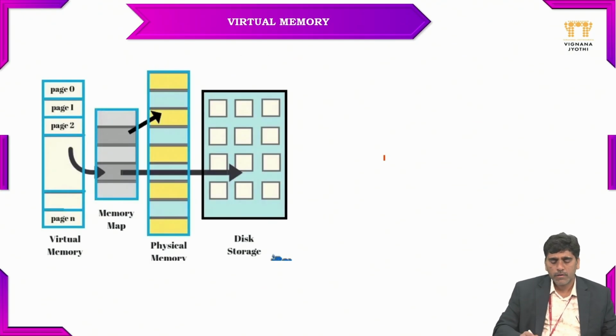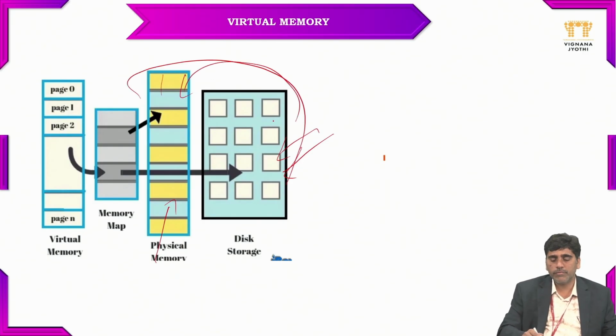See this diagram. Whenever the physical memory is looking for the size of pages, the page is loaded from the disk storage to main memory. When it is loaded into the main memory, if the page size is not able to be accommodated in the main memory frame, then automatically the main memory looks for an additional source.